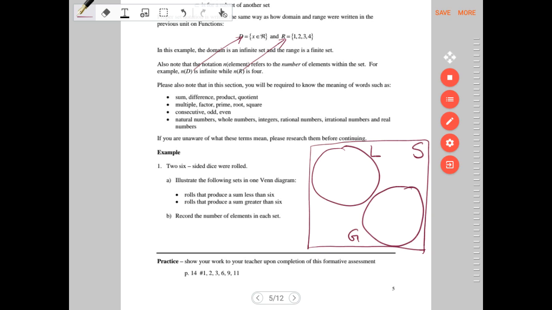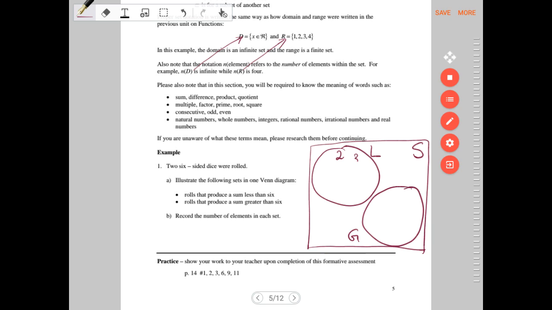Are my two sets disjoint? Can you have a sum that is less than 6 and a sum that's greater than 6? Of course the answer is no, so therefore my two sets are disjoint. If you roll 2 dice, the smallest number on each die is 1, so 1 plus 1 would be 2, our smallest sum.